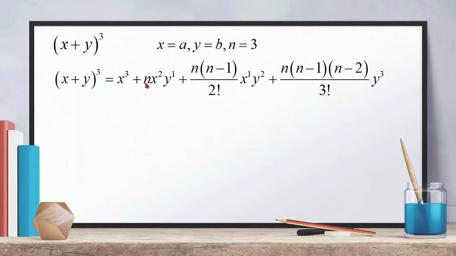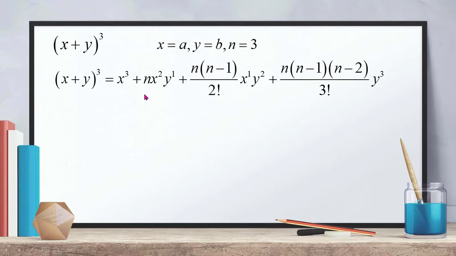And then of course we've got n, and then n(n minus 1) divided by 2 factorial, then n(n minus 1)(n minus 2) divided by 3 factorial, and so on. I haven't included 1 factorial here because 1 factorial is equal to 1, so we simply have n divided by 1, which is simply n.